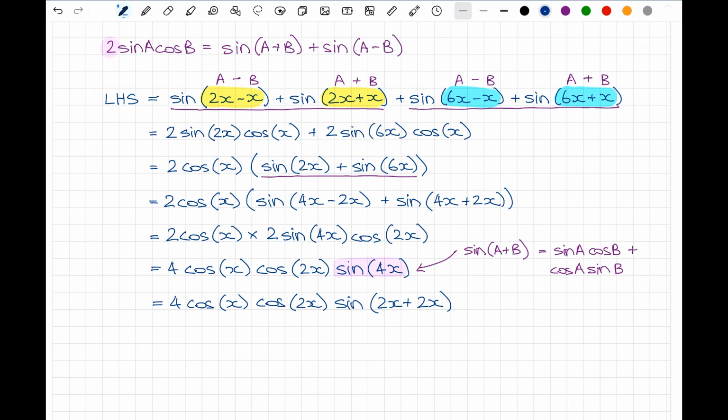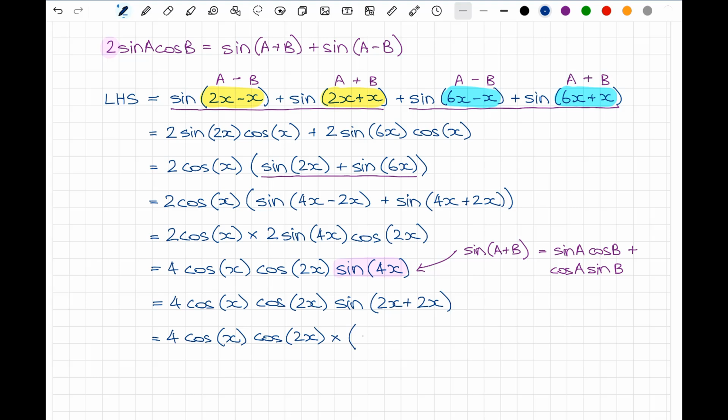So a is 2x and b is 2x. So I'll have 4 times the cos of x times the cos of 2x times, and I'll just write now the result for sine of a plus b.